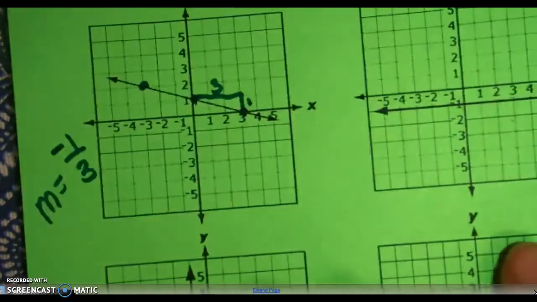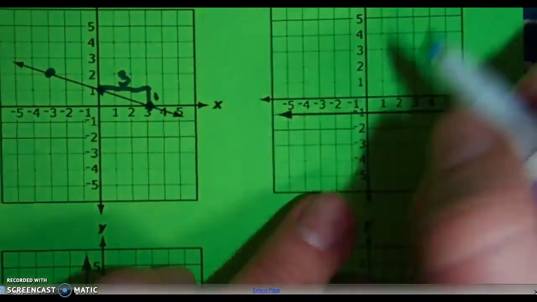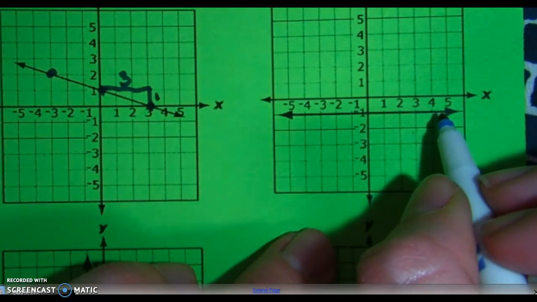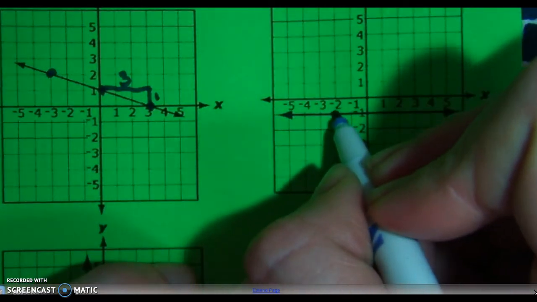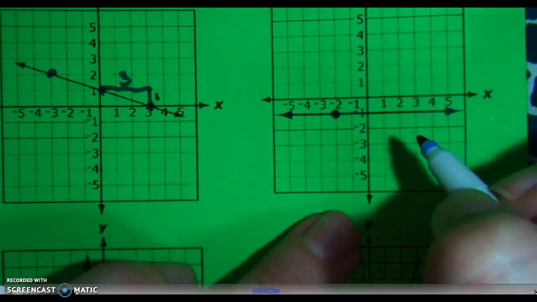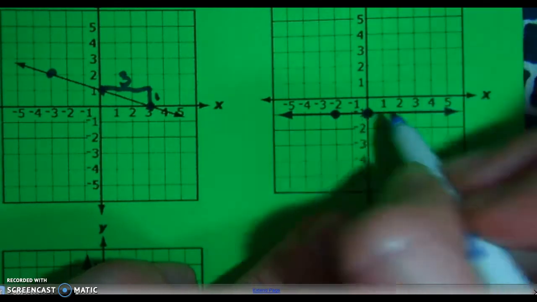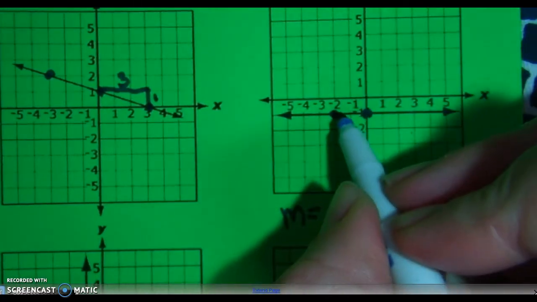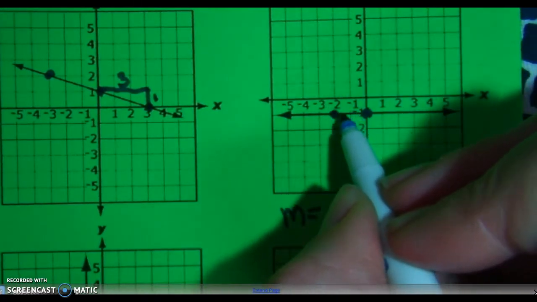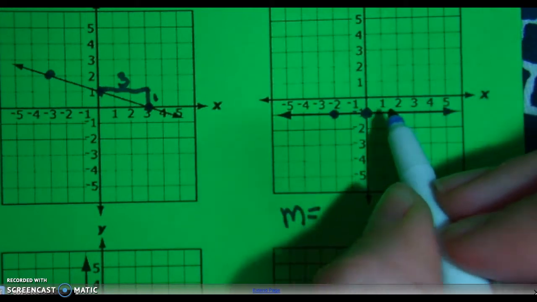Okay, so over here, we know slope dude says 0 on this, but we want to know why. So here I picked -2, -1, and then let's pick 0, -1. So again, here, my slope, I don't go up at all. All I need to do is go left or right.